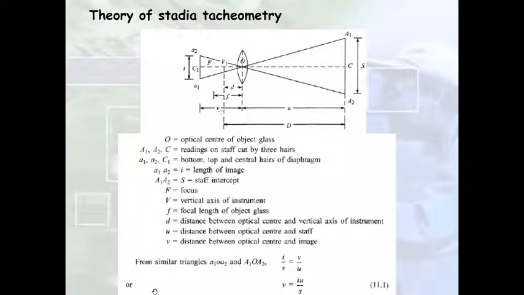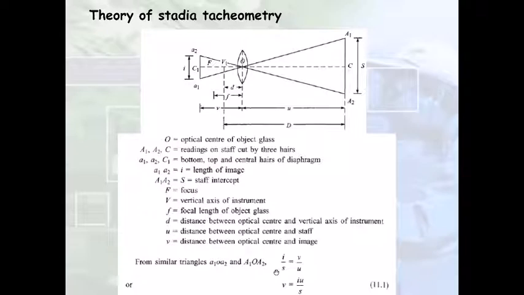Now from similar triangles, A1, O, A2 and A1, A2 and O, so these two triangles over here, since the two angles are same, so the ratios of the two sides would be equal since they are similar triangles.